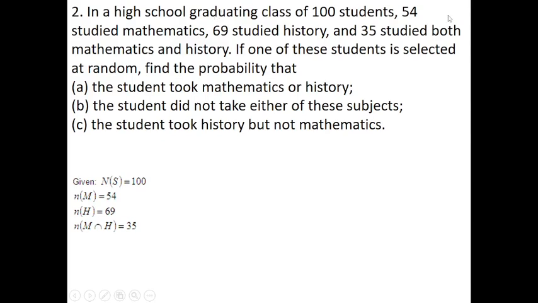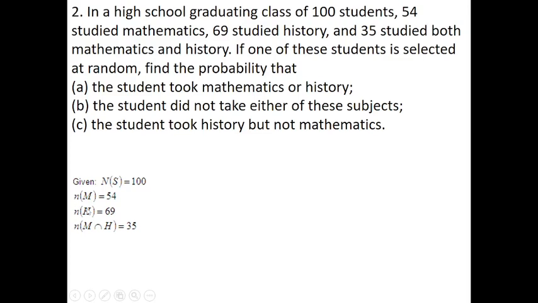So yung bilang ng outcomes, possible outcomes natin sa event M ay 54. No? 54 studied mathematics. So, yung event M, yun yung event na kung saan yung estudyante is taking mathematics, no? So, yun yung event that the student took mathematics. 69 studied history.